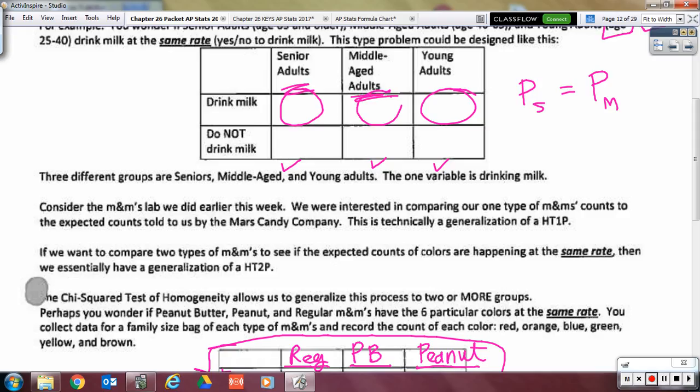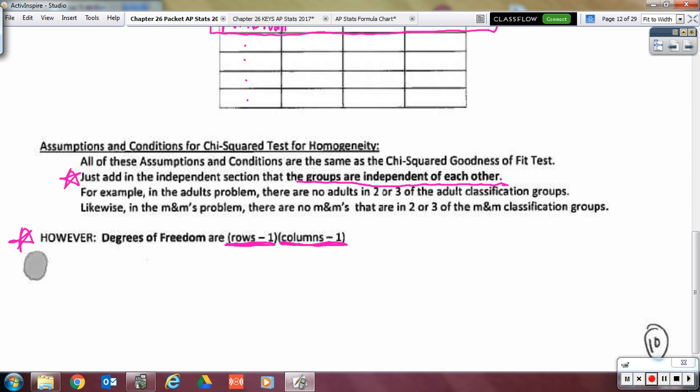What else did we say in our conditions? Good, that those two groups are independent of each other. That will still hold even when we have three groups. So that is this item right here. The groups are independent of each other no matter how many you have, 2, 3, 4, whatever. All of those groups are independent.